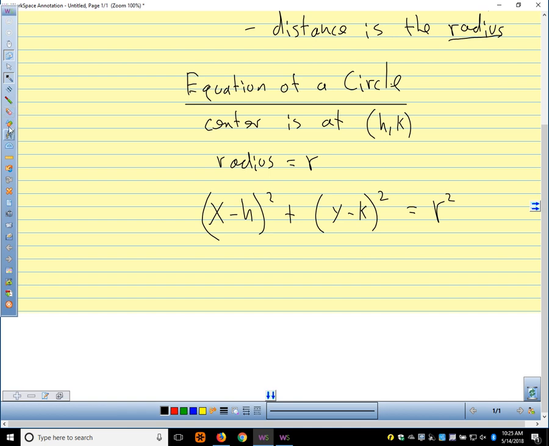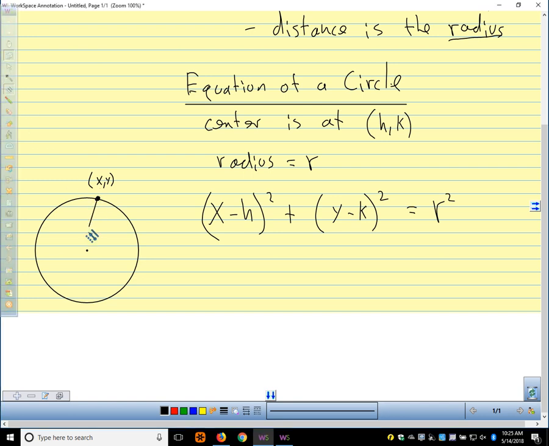I'll just draw a little picture. We have some point on the circle. That point is at x, y. The radius of the circle is r, and the center of the circle is at the point h, k.